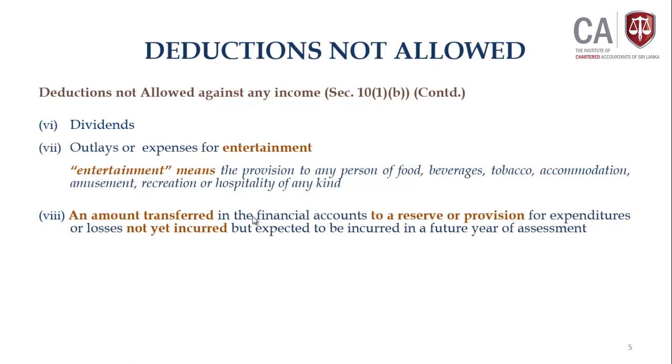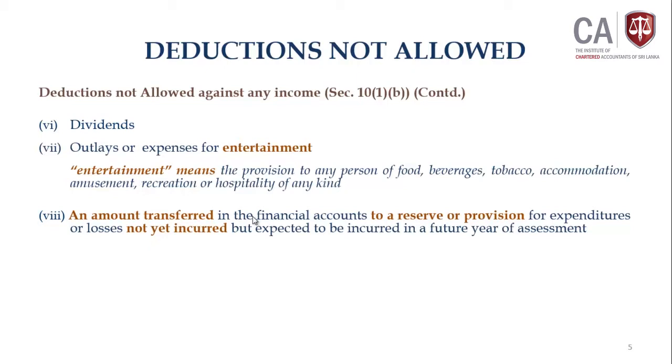an amount transferred in financial statements to a reserve or provision for expenditure or losses not yet incurred but expected to be incurred in the future. This is basically what is going to be disallowed: the amount transferred to the reserve or provision. For example, you charge the income statement and credit either the revenue reserve or any other reserve or provision account.